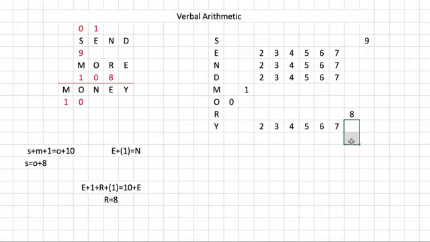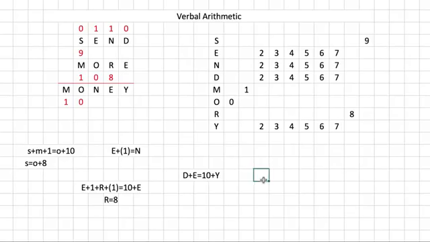So here we have D and E adding up to Y, and we have to have a carry here, right? We found this carry in the last step, so let's stick to this and we will find something from this column. So D plus E is equal to 10 plus Y, right? There is no carry here, it's the first column, so this is the equation that we have.